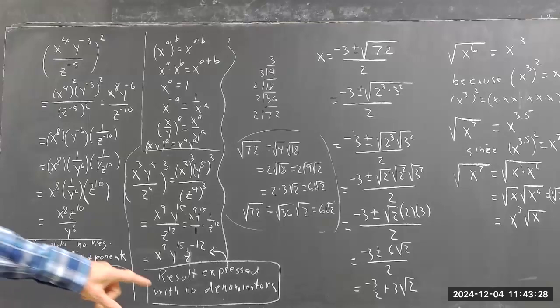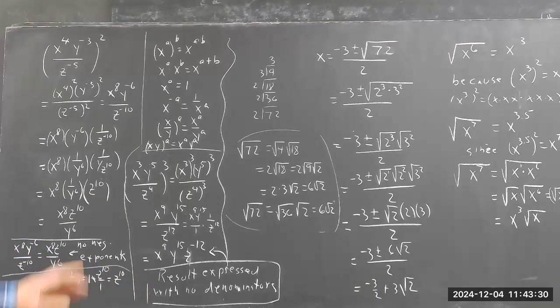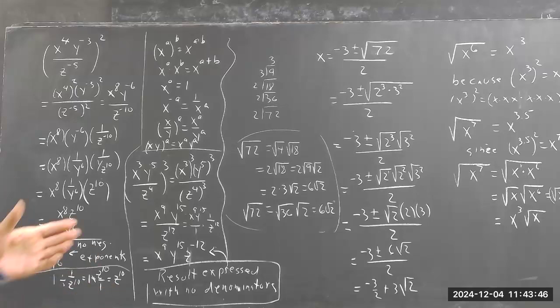On some problems, you're asked to express the result in one form or the other. You might even be asked to express it in both forms, with no denominators and with no negative exponents, and identify which is which. Okay, and that's really pretty easy if you understand what we did here.